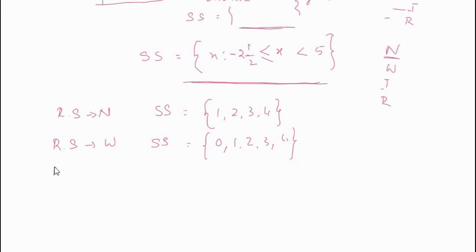Now suppose replacement set is integer, then the solution set: it says x greater than or equal to minus 2.5. So minus 2.5 is not part of the solution because any fraction is not part of the solution. So what is the next integer? It is minus 2. So minus 2, minus 1, 0, 1, 2, 3, 4.